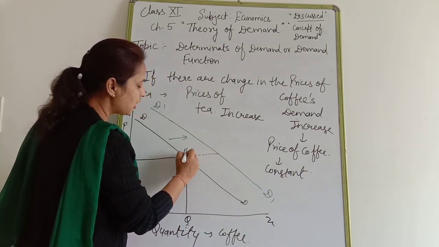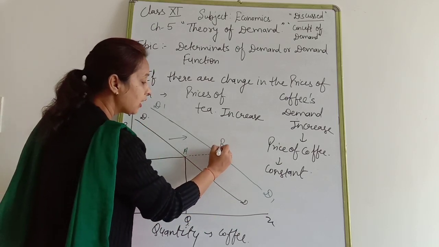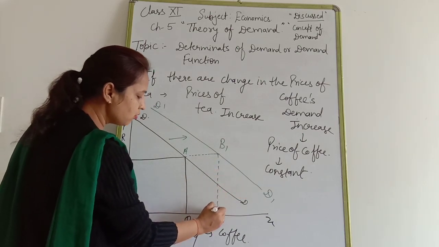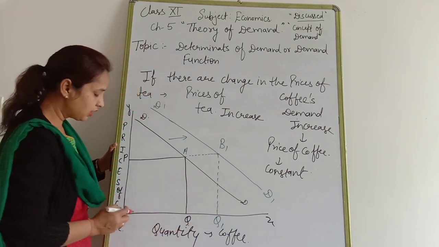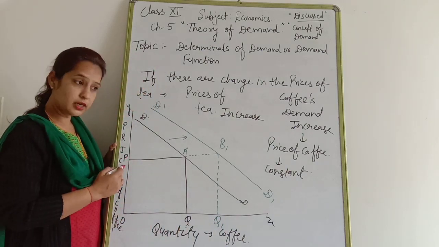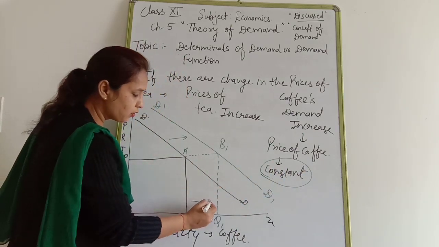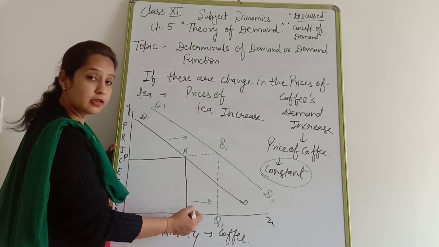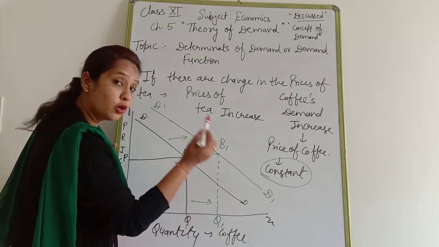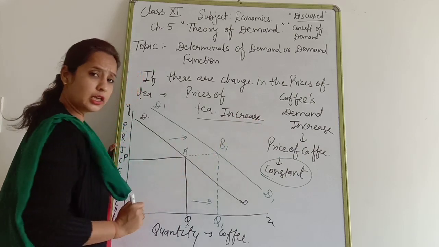Now suppose earlier the demand was DD, now the demand is DD1. Clear? Demand increases, then quantity will also increase to OQ1. You can see the price of the commodity is still OP, it's constant, but the quantity demanded increases from OQ to OQ1 due to change in the price of tea. Clear?